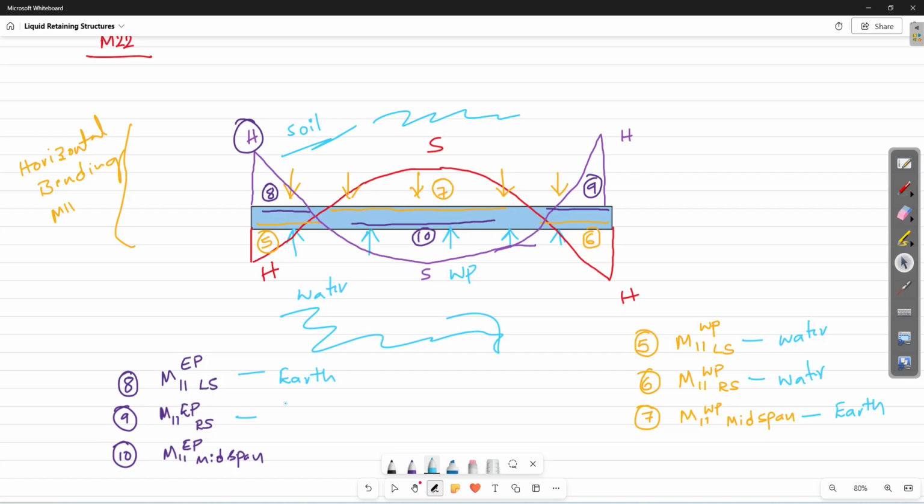Again it is same, earth phase. Next, reinforcement number 10. So which means this, it will be provided on water phase.